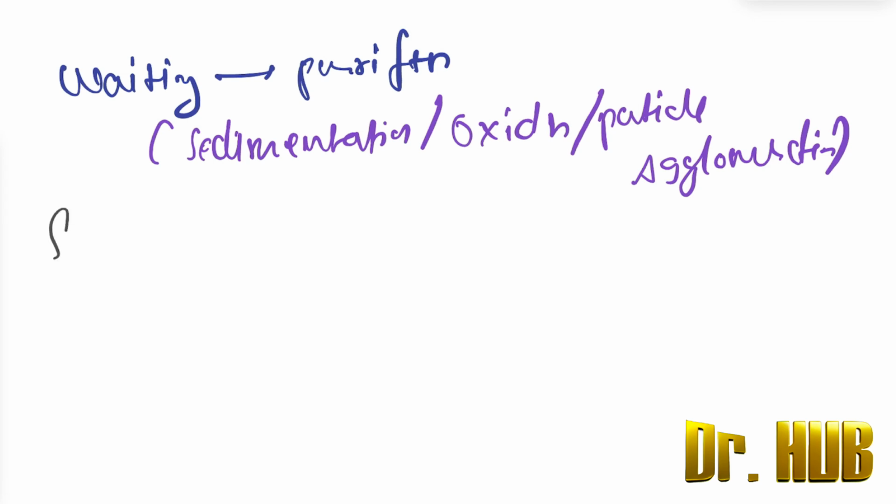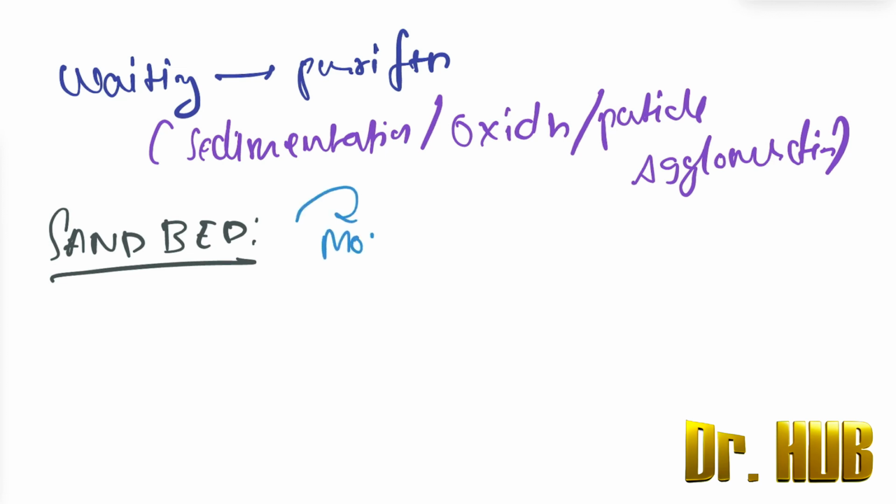Next we'll move on to the sand bed. The sand bed is the most important part of the slow sand filter, and its thickness is generally 1 meter.